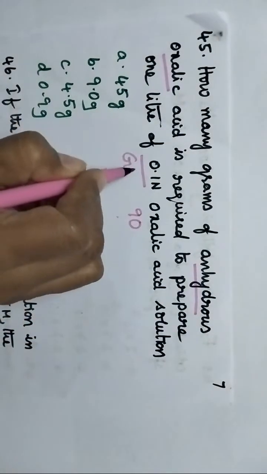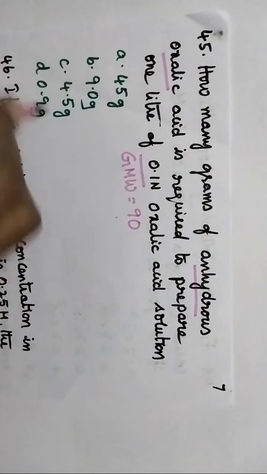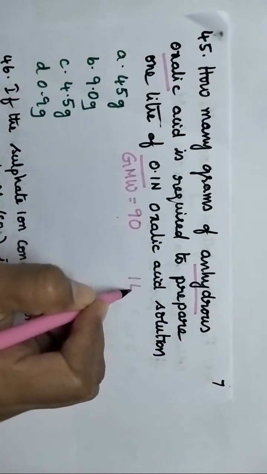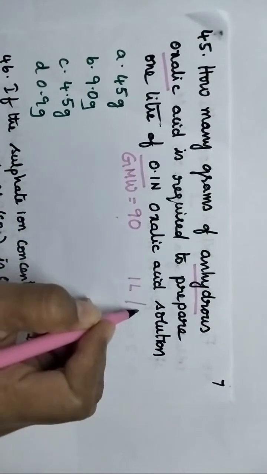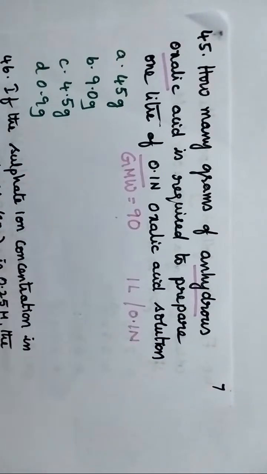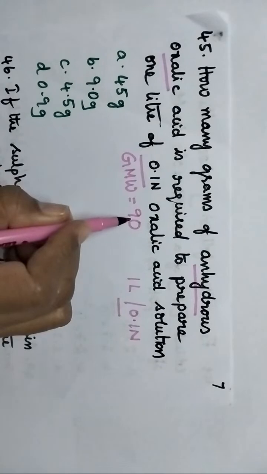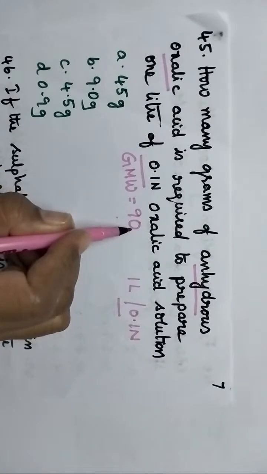So the gram molecular weight of anhydrous oxalic acid is 90. So we have to prepare 1 liter solution having the normality 0.1. Then we have to calculate how many grams is required. I will give a simple logic. So gram molecular weight is 90.